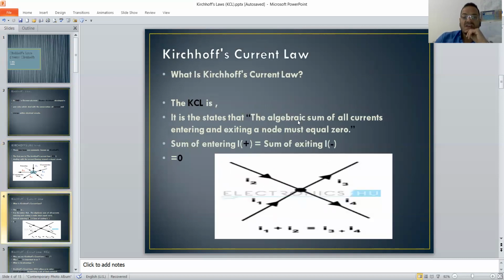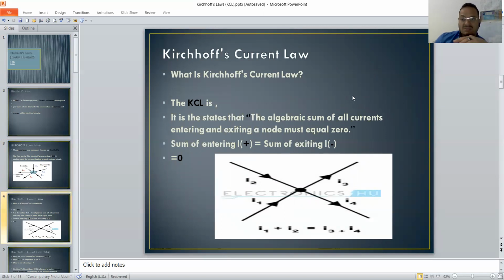Now, what is the Kirchhoff current law? The Kirchhoff current law states that the algebraic summation of all currents entering and exiting a node must equal 0.